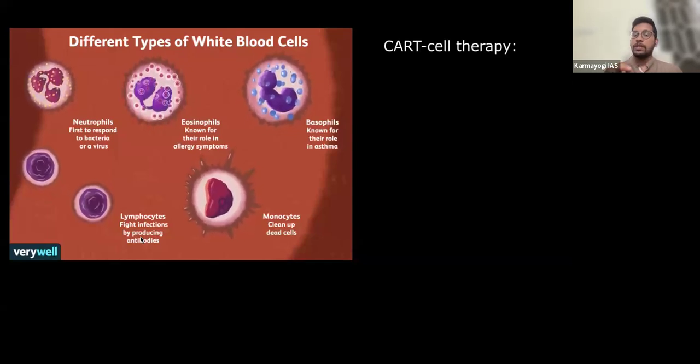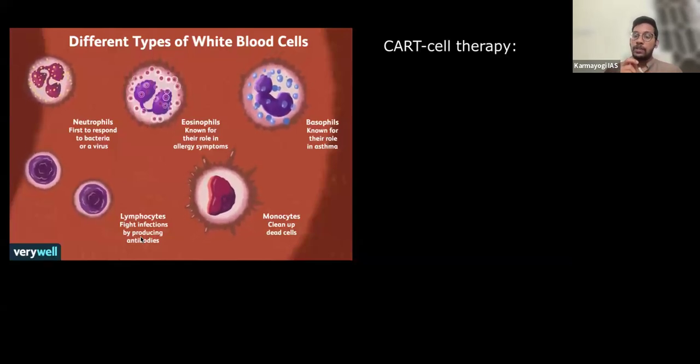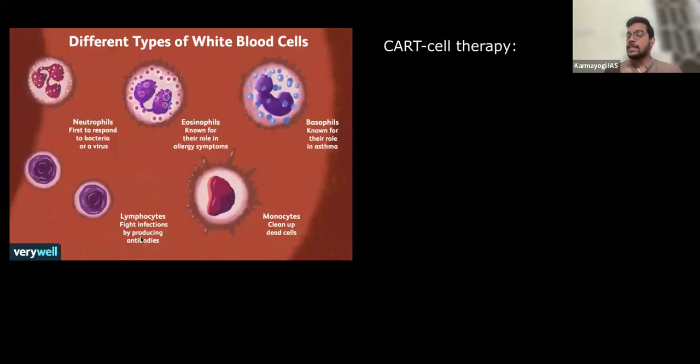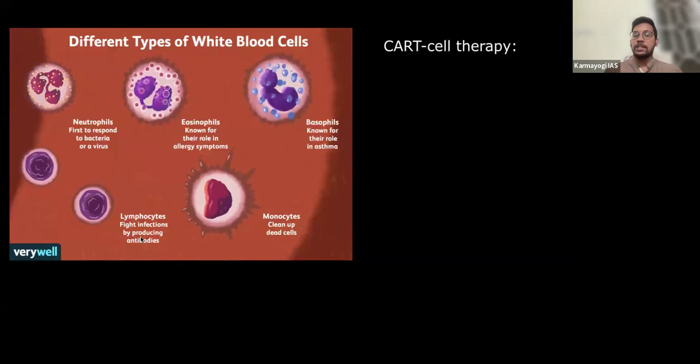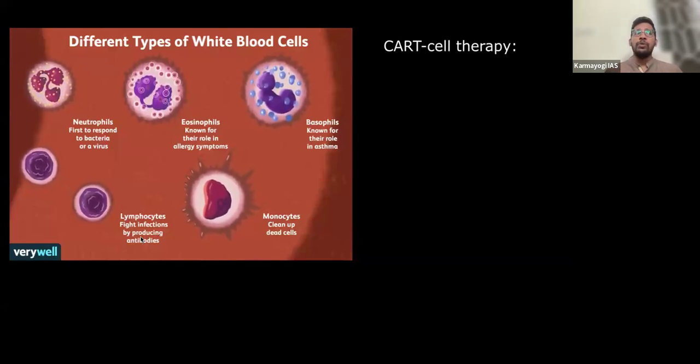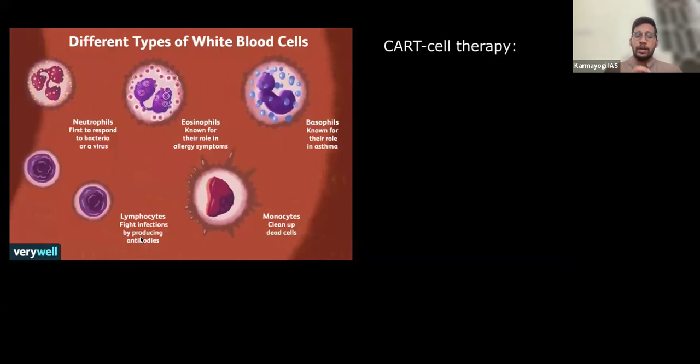Foreign elements are nothing but antigens. And antibodies are the ones produced by our T cells to fight against the antigens. So understand the difference between antibodies and antigens. The main role of T cells, as we call lymphocytes, is to fight infections by producing antibodies.